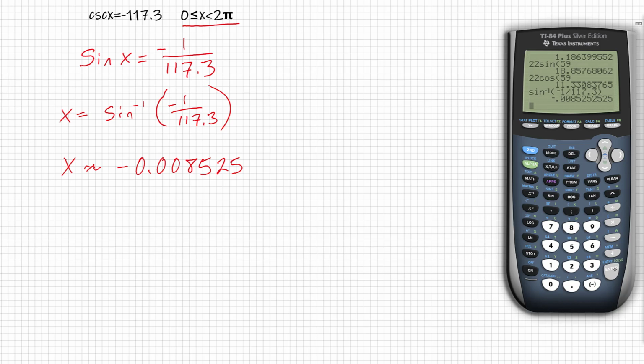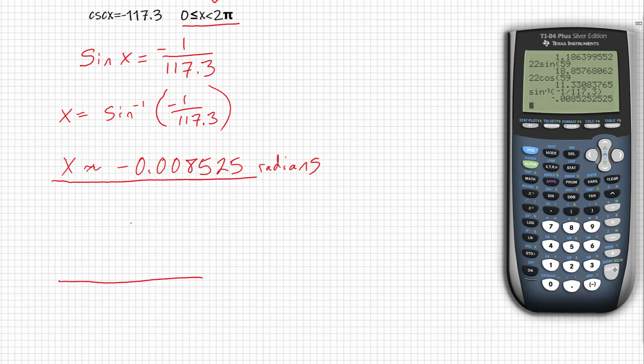And always watch and see where you're told to round to when you enter your answers. This one's probably going to be around to 4 digits, but I wanted to throw in the extra ones to start with. Now, this is an angle in radians, but it is not in our range that we were given, the 0 to 2 pi. So let's do a little thinking about this.